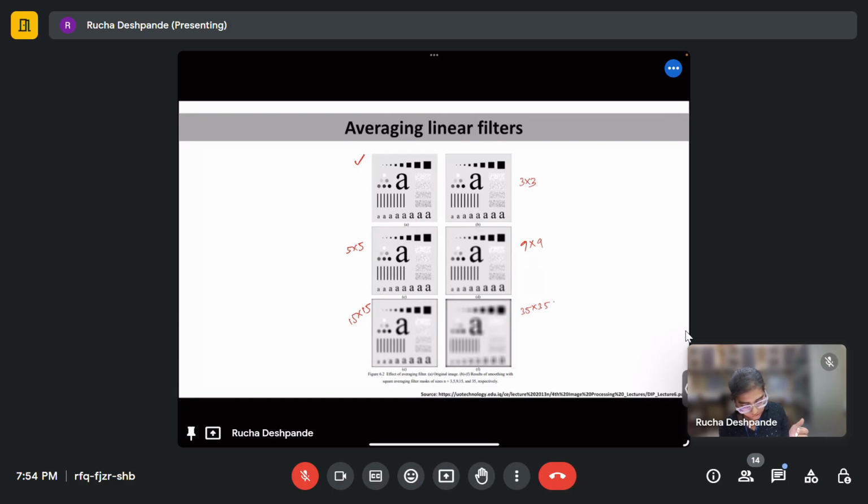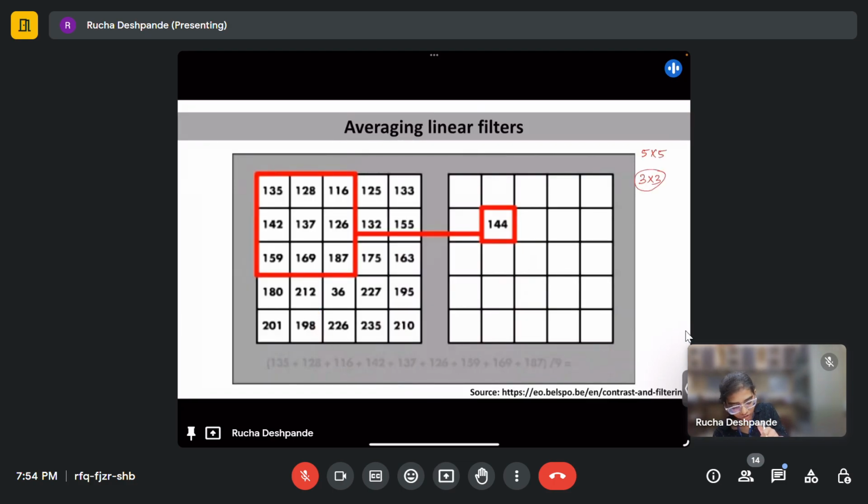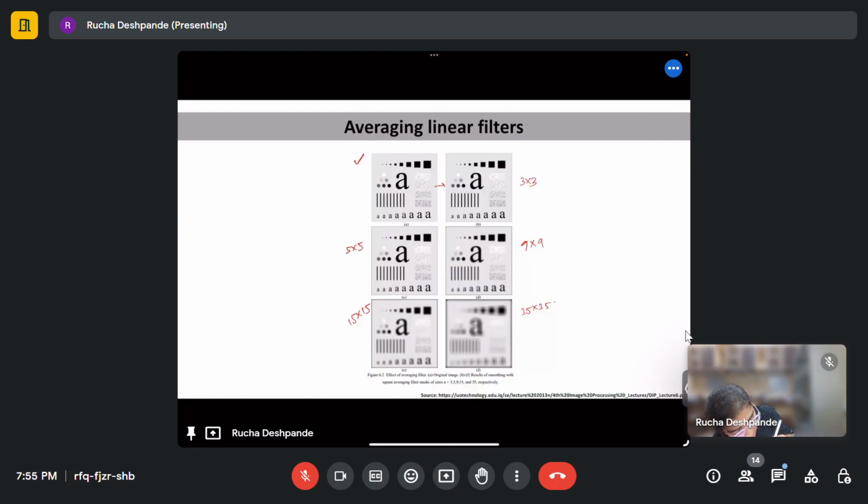Okay. So we saw this, right? Here the size of this filter is 3 cross 3. For 3 cross 3 filtering, the original image will look like this.